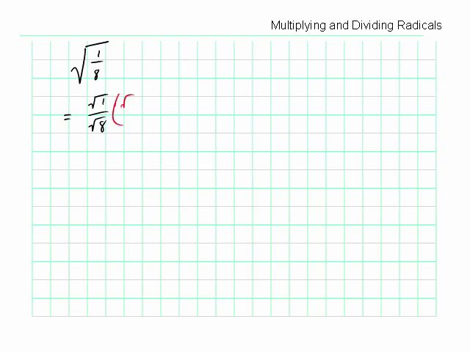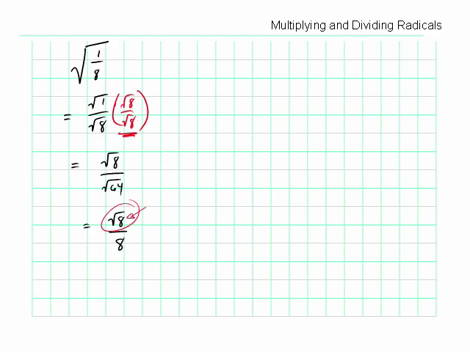Most people would probably multiply by square root 8 over square root 8, which is fine. In the numerator, I have the square root of 8. In the denominator, I have the square root of 64. And so I got square root 8 over an 8. But we're not done, and that is because the square root of 8 here can be simplified.